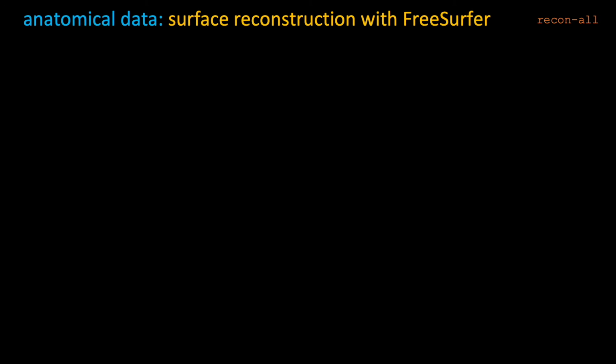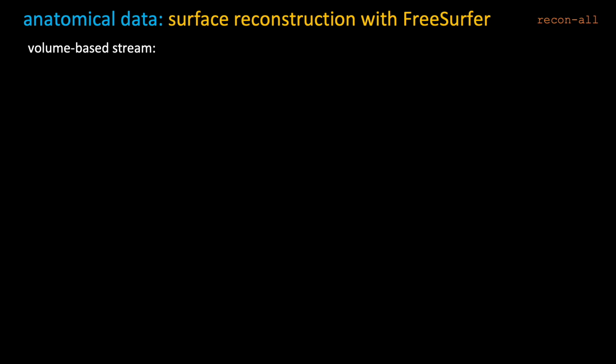So recon-all is essentially a big script which underneath calls a lot of different commands that do a lot of different things. And there are 2 streams in this reconstruction: a volume-based stream and a surface-based stream. The volume-based stream comes first.